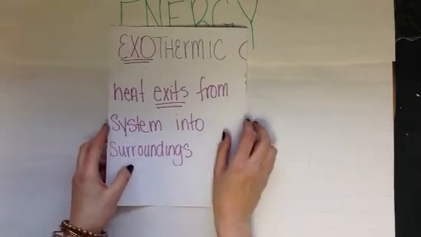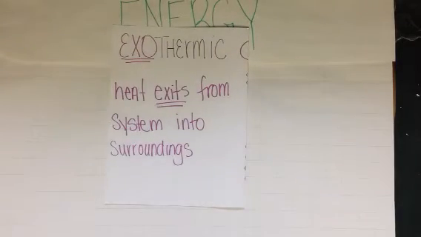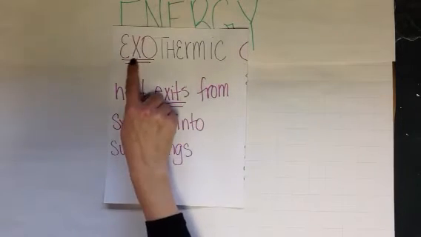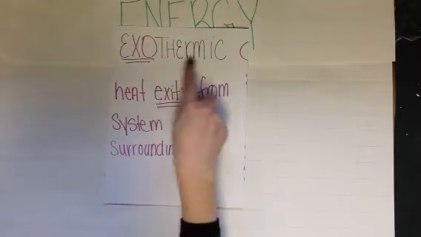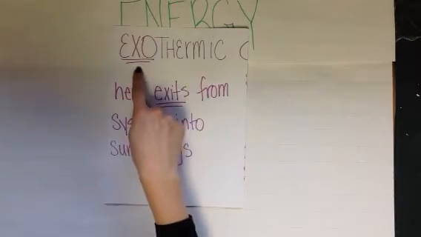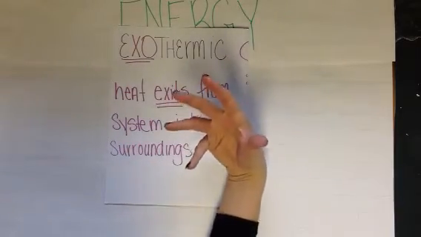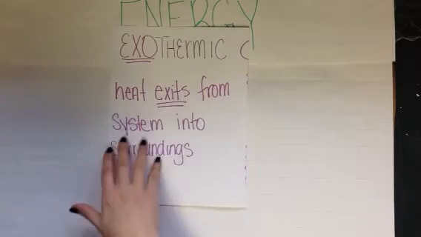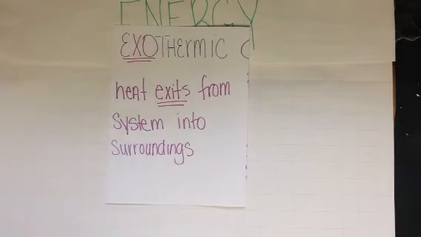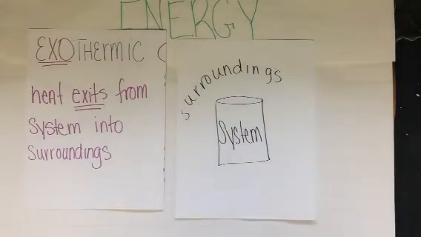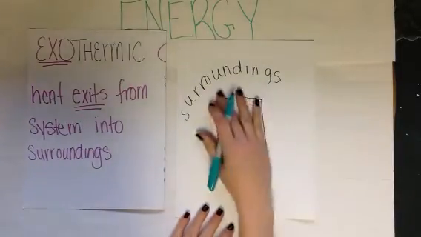Let's first start with the word exothermic. Exo sounds like the word exit. Thermic means heat. So in an exothermic reaction, heat exits from a system into the surroundings. So if we were to take our previous picture and show that, here's our system.